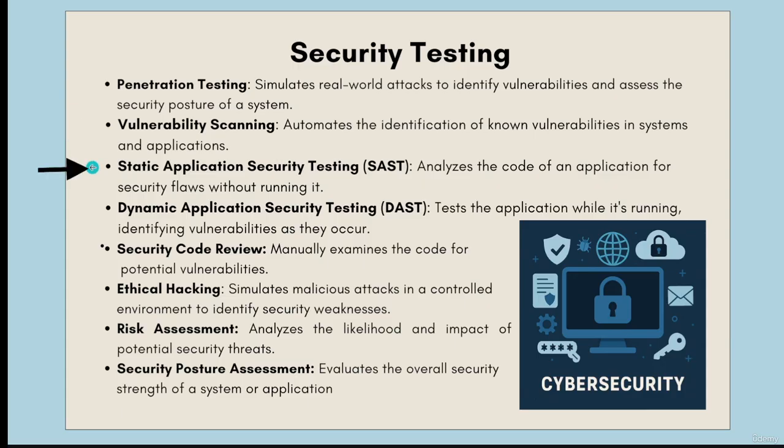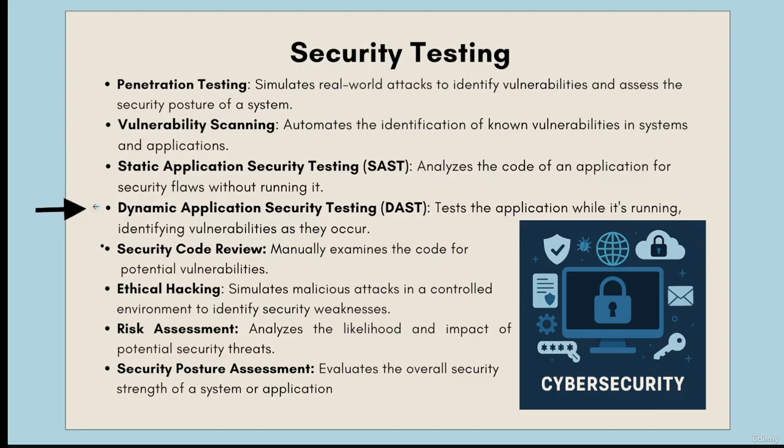Next, we have static application security testing, or SAST, which analyzes the code of an application for security flaws without running it. For example, a developer runs SonarQube, that was one of the tools, on their Java code base before deploying it, and it flags several insecure uses of user input that could lead to injection attacks.